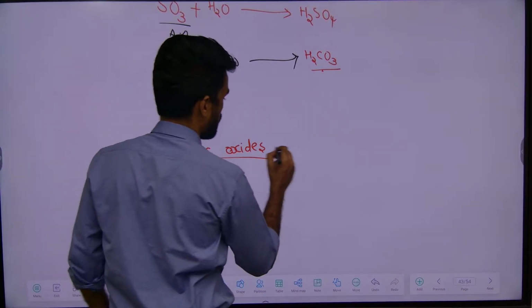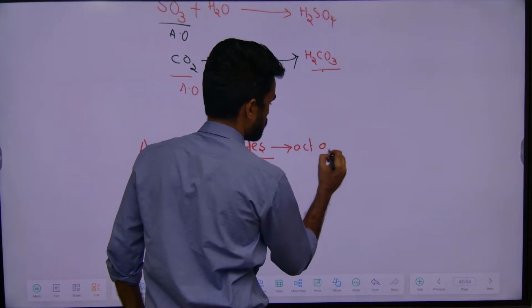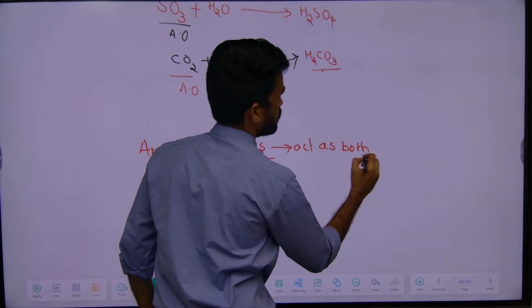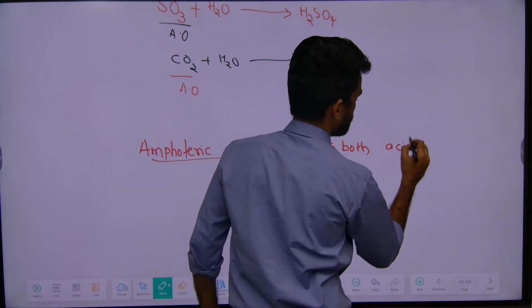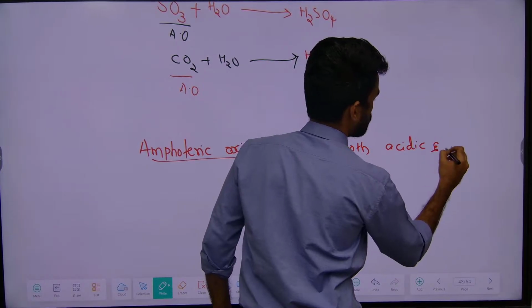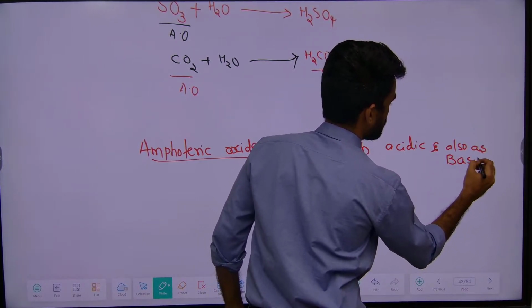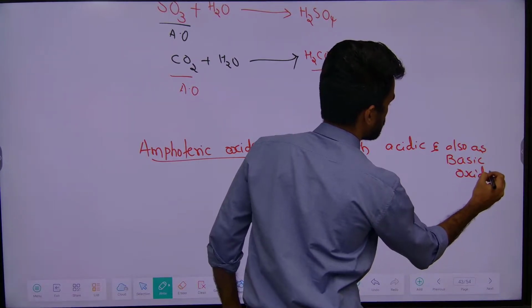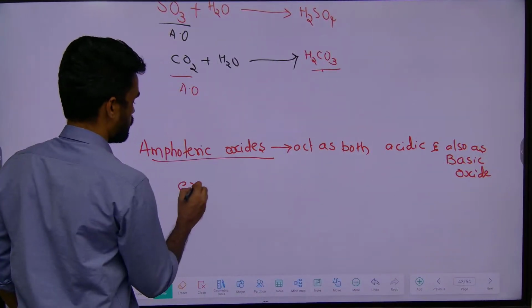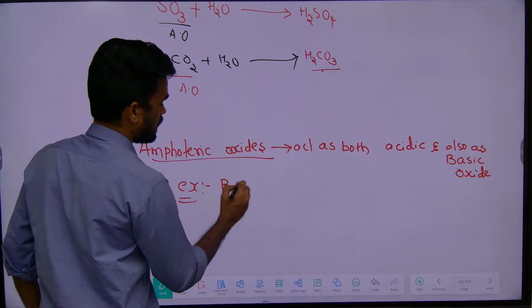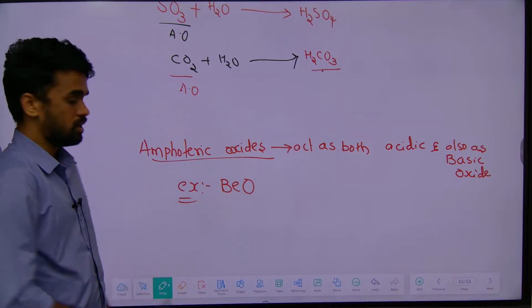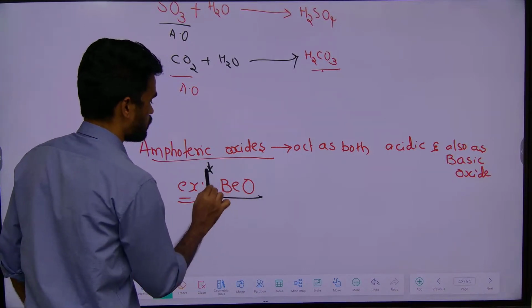Okay, so it acts as both acidic and also as basic oxide. Okay, so the example is beryllium oxide. One of the important examples is beryllium oxide.